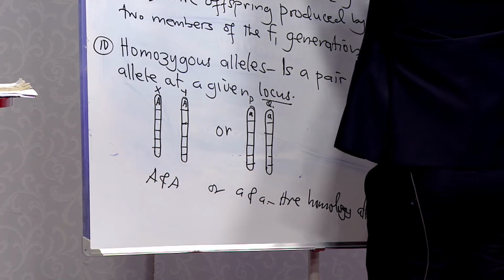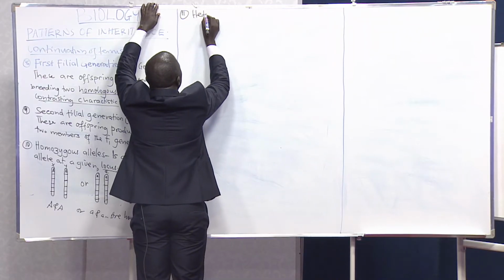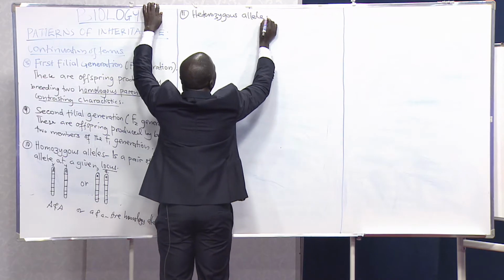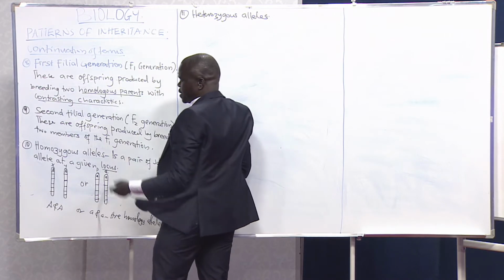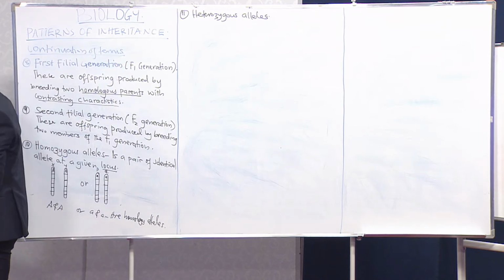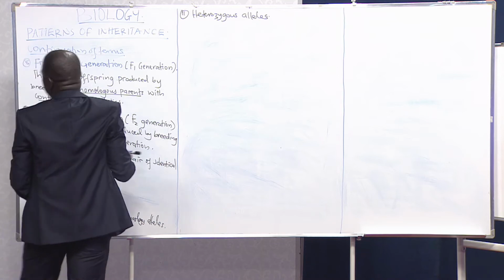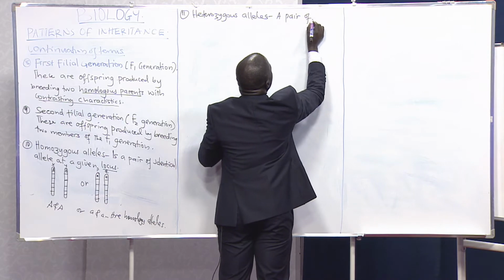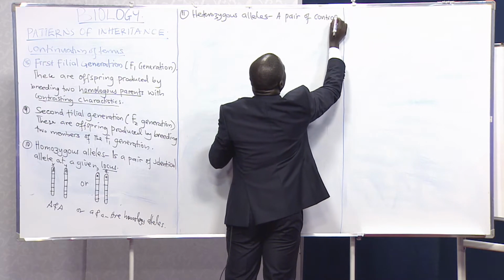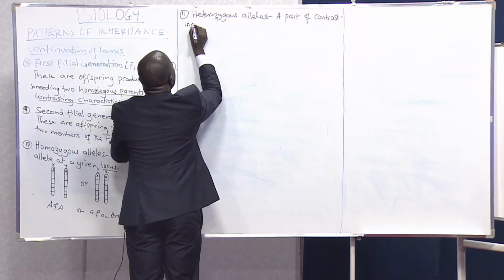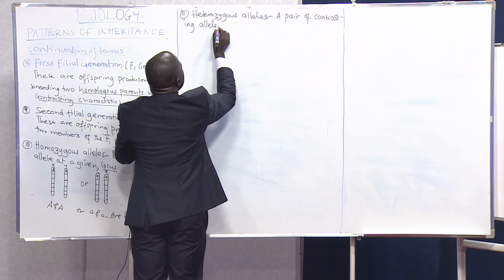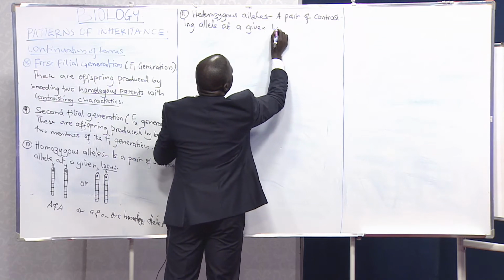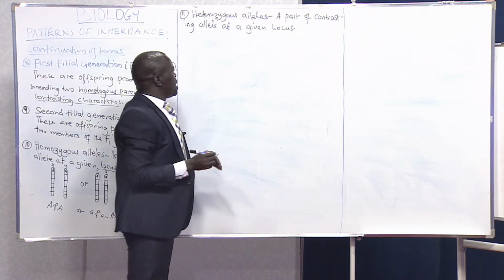Heterozygous alleles we can simply define as a pair of contrasting alleles at a given locus.